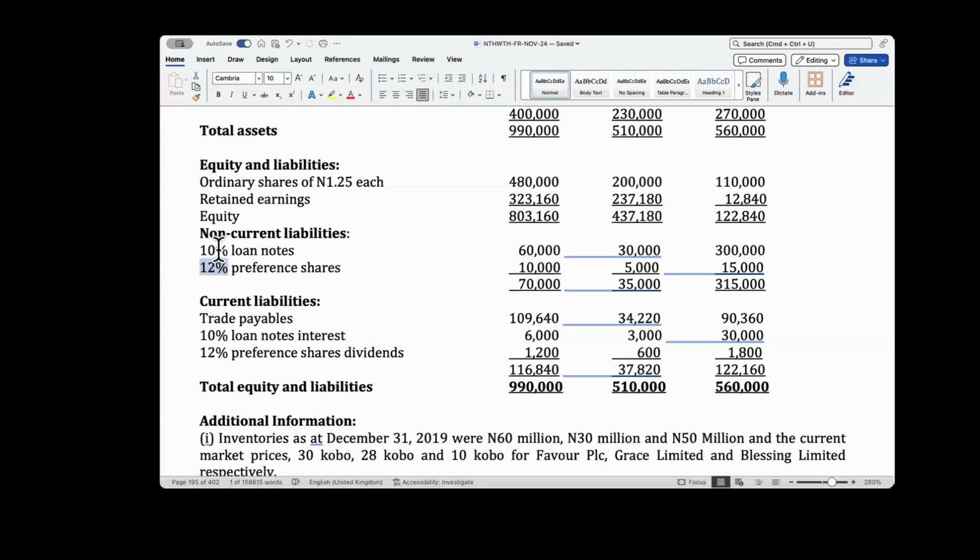So it's just the items that have fixed interest. There could be some other non-current liabilities items, like provisions, like deferred tax. Those ones, ignore them. Those are not debt for gearing purposes. It's just the ones that have fixed interest. That was what I was saying.